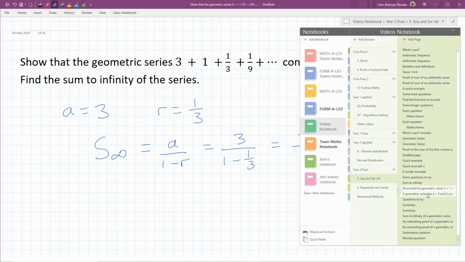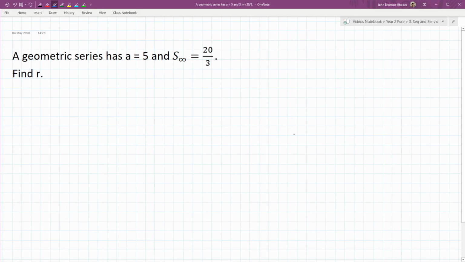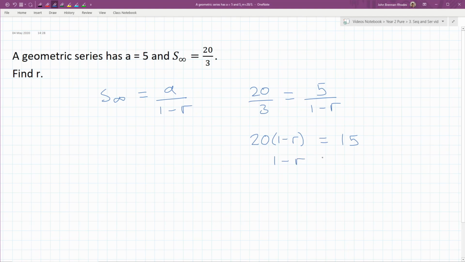Okay, another quick example. Say we've got a geometric series with A equals 5 and S, the sum to infinity, is 20 over 3. Find r. It's just simply a case of using the formula S infinity equals A over 1 minus r. So 20 over 3 is equal to 5 over 1 minus r. Multiply, multiply. 20 times 1 minus r is equal to 15. 1 minus r is equal to 3 over 4.